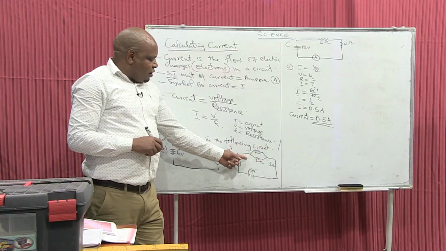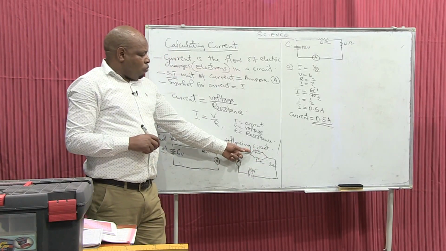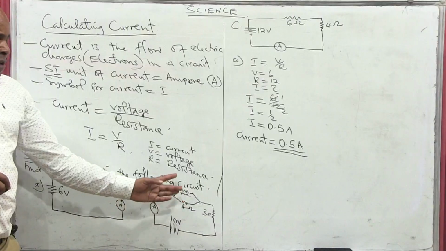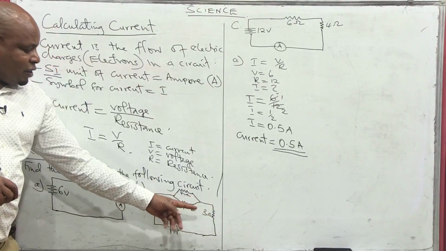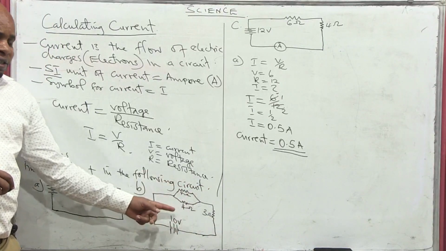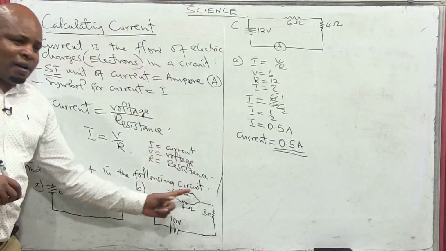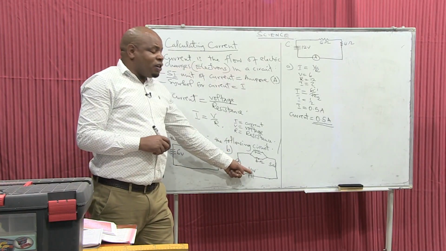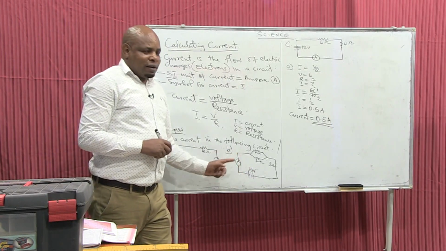Here you have been given the resistances, where at this part here they are in parallel. And here, you have been given a combination of series and parallel in this circuit. A combination of resistances in series and parallel. And we have been given the value of the voltage, 10V. And you are supposed to find what? Current.